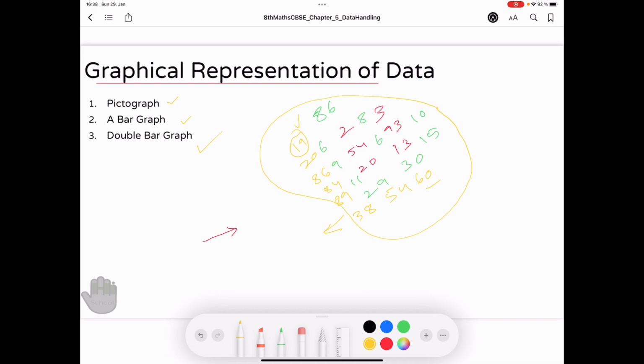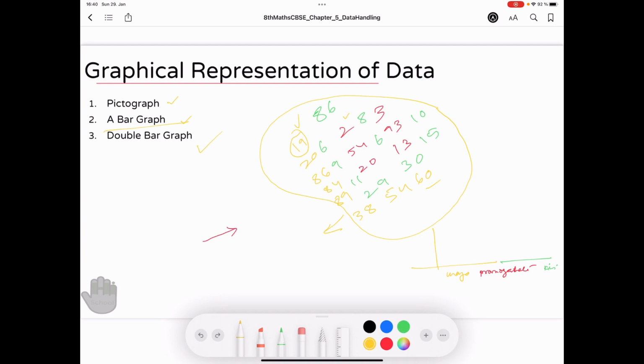So for example, we convert this into a bar graph and say that this is mango, this is pomegranate in red color, and then we have this green color kiwi, and the length of all these fruits.